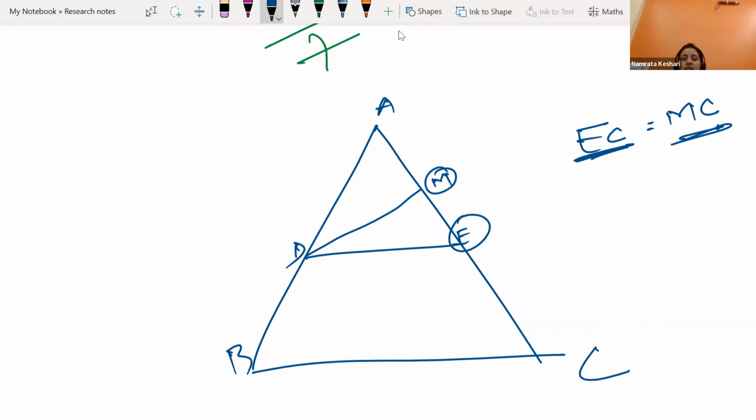EC and MC will only be the same when these two points are lying on each other. It is a same point. Are you getting it?